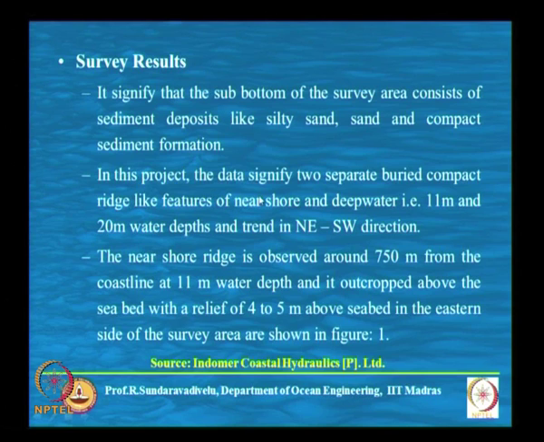They have also found two ridges. One is the near shore ridge, which is observed at around 750 meter from the coastline at 11 meter water depth, and it outcropped, that means it has come out of the seabed, with a relief of 4 to 5 meter above the seabed.